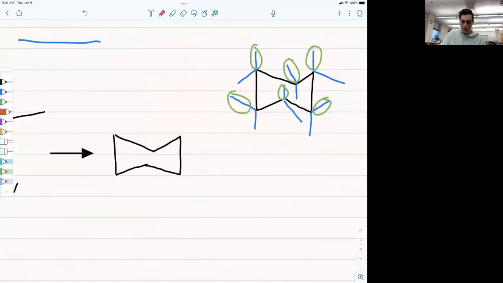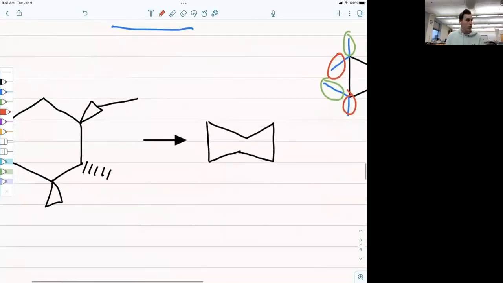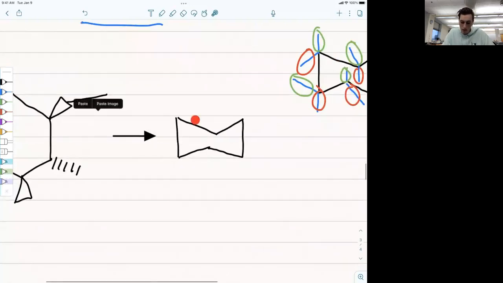So if I'm looking to put something down, I could put it here, or you get the picture, any of these spots. So when I'm looking at this, I want to see where is the most stable place that I can put my wedge here and my wedge here and my dash here that I will get the most stable conformation. So this is where we're going to have our chair conformation come into play over here.